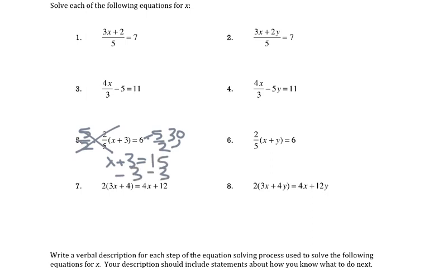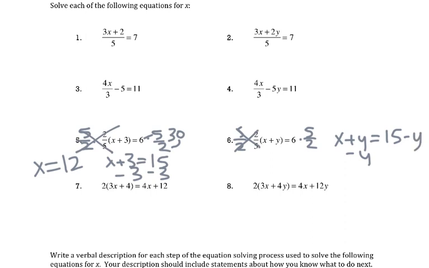Subtract 3, and we get x equals 12. For number 6, we started out the same way. Those cross cancel because they undo each other. We end up with x plus y equals 15 again. Subtract y, and we get x equals 15 minus y.